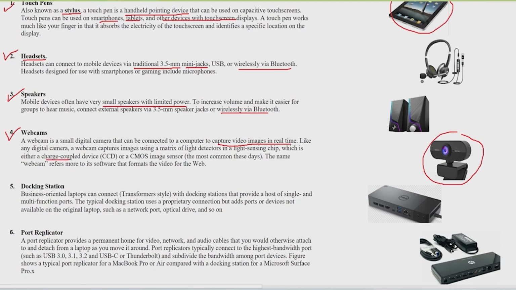And there are some charge-coupled devices. Charge-coupled devices means that if you have a CMOS image sensor inside your computer, you can use these kinds of sensors. For example, sometimes we use these video cameras to go live, and sometimes we need to use these for video conferencing.